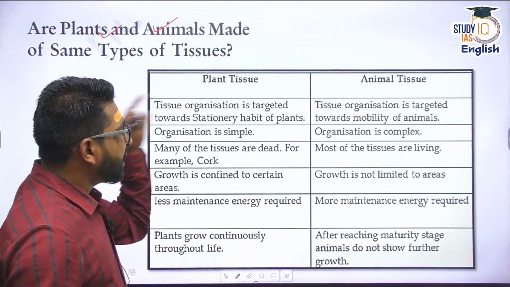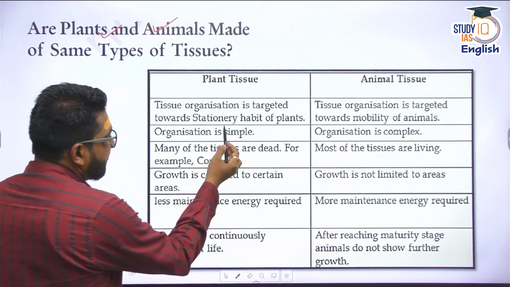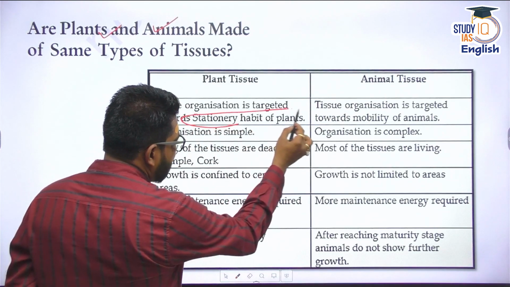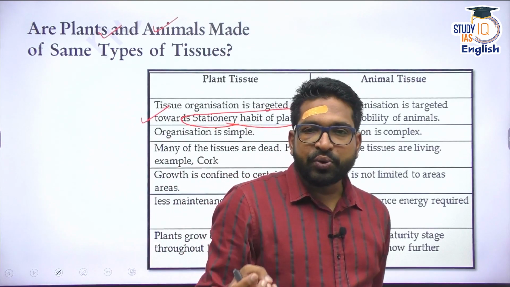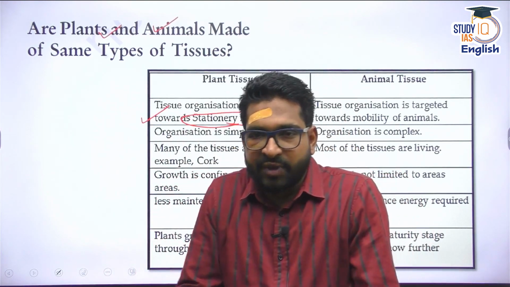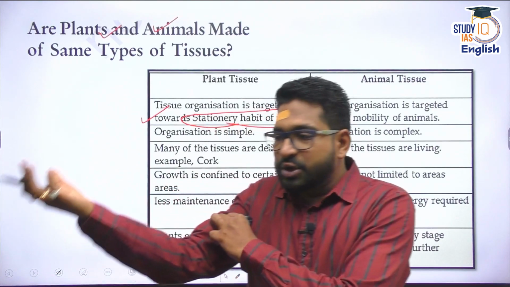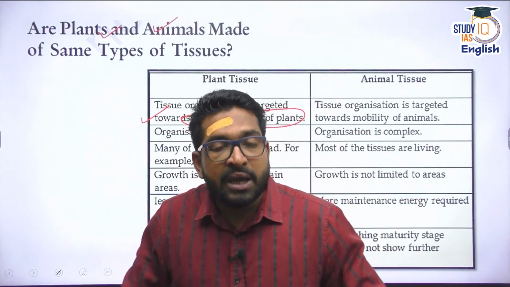That's why plant tissue is organized in such a way that it helps towards the stationary habit of plants. Meaning, the tissue is not going to help the plant in movement. For instance, in our body, right now I'm moving. I'm doing some sort of gestures. Why? Because I have muscles. Muscles always work in a pair and they help in my mobility.